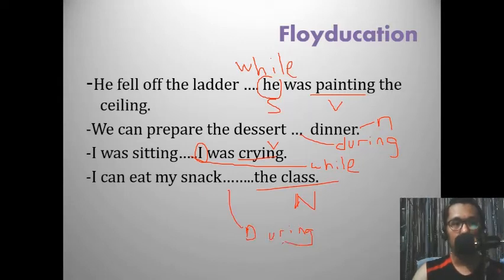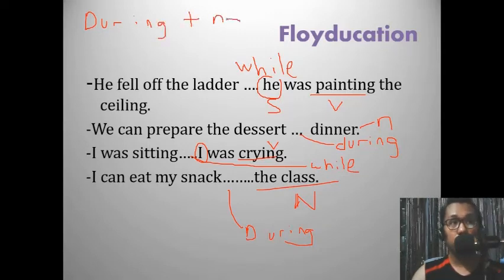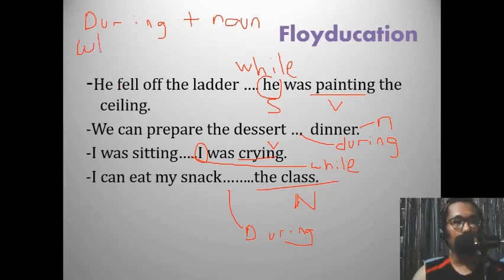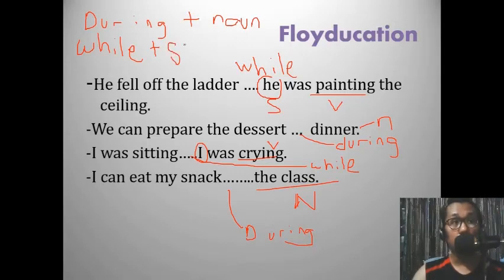So again, during is plus noun. I'm hoping you know what a noun, a subject, and a verb are. Now let's go to while: we have subject plus verb, or S plus V.